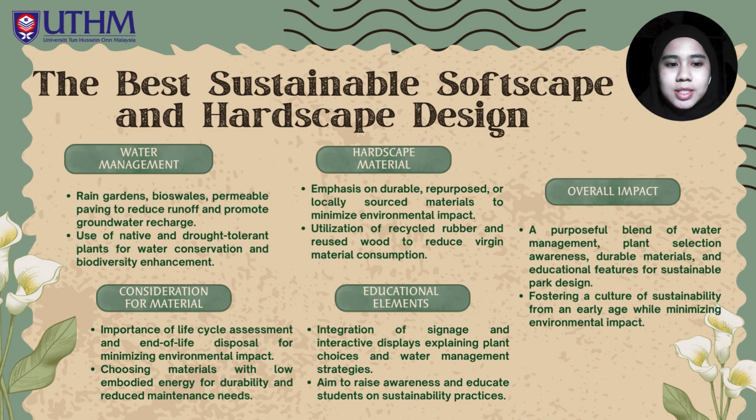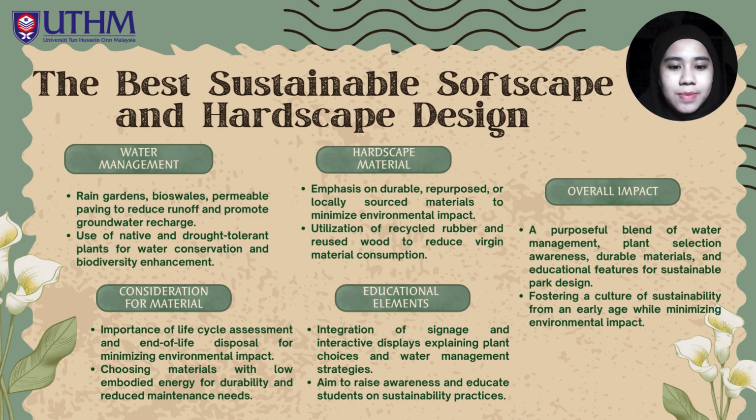The first is softscape and hardscape design. First, water management. Rain gardens and reservoirs promote practices to reduce runoff and promote groundwater recharge. This supports controlled plans for water conservation and biodiversity excellence. Second, hardscape material. Reuse, repurpose or recycle source materials to minimize environmental impact.